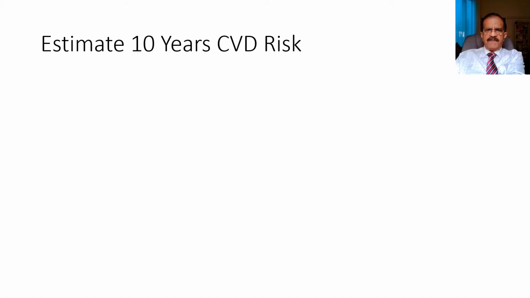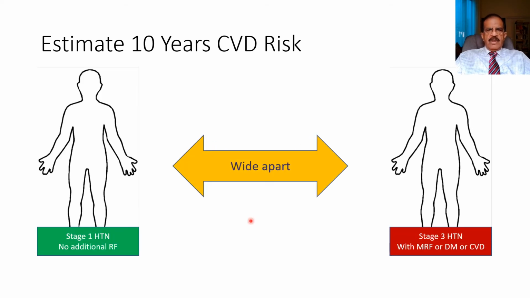For example, these are two scenarios. Stage 1 hypertension, like 155 by 95, with no additional risk factors on one hand, and stage 3 hypertension with multiple risk factors, or with diabetes, or with existing coronary artery disease.